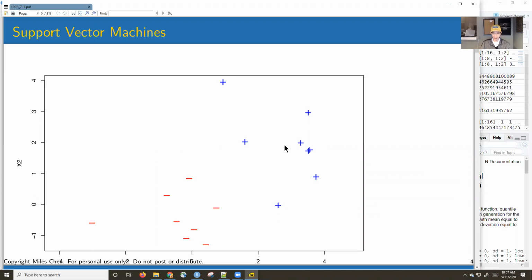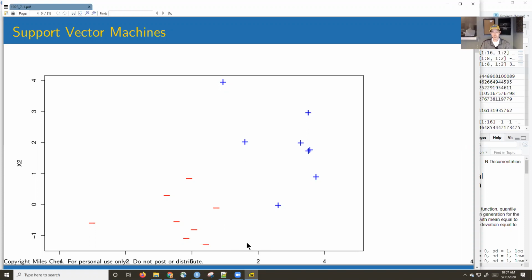Okay, so linearly separable means you've got some classes of points. Here I've got these blue dots represented by plus signs, and then I've got some red dots represented by minus signs. This is linearly separable because I can draw a line somewhere between here and here that would separate the blue from the red.